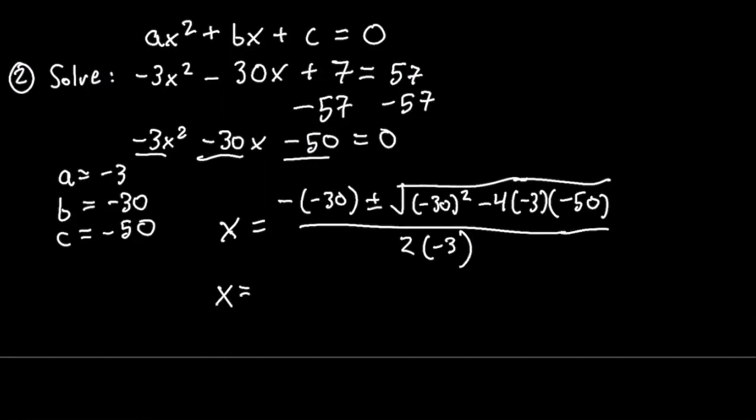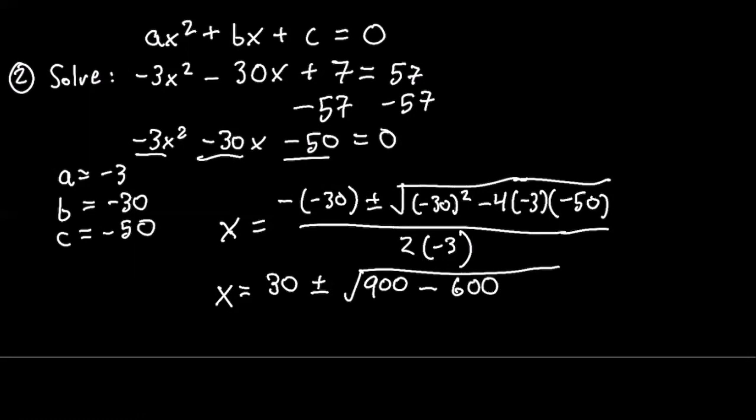Again, we'll start by simplifying inside of the square root. First, in front here, we have a negative 30, so that just gives us positive 30. Plus or minus the square root of negative 30 squared is 900. And we have 900 minus 4 times negative 3, which is negative 12, times negative 50 gives us positive 600.